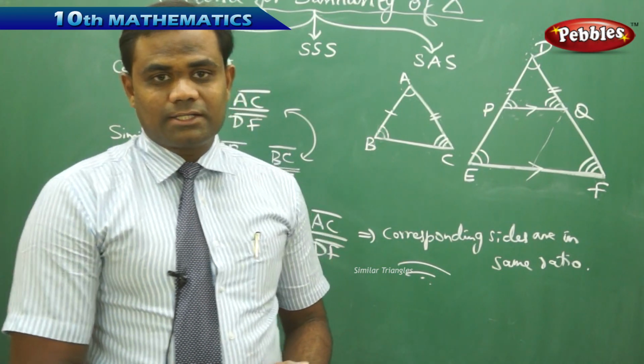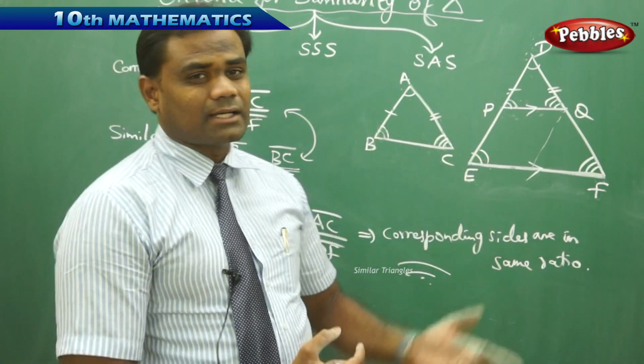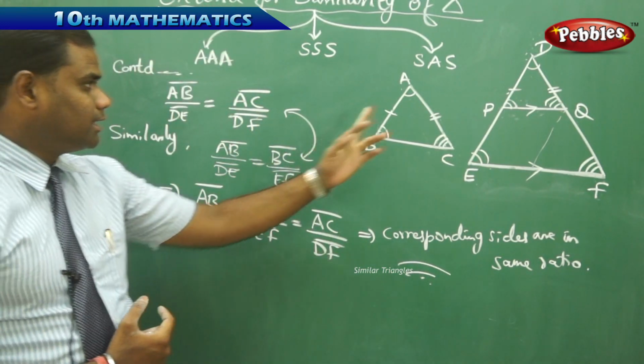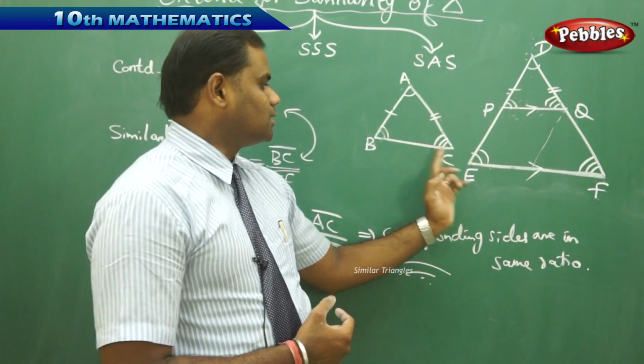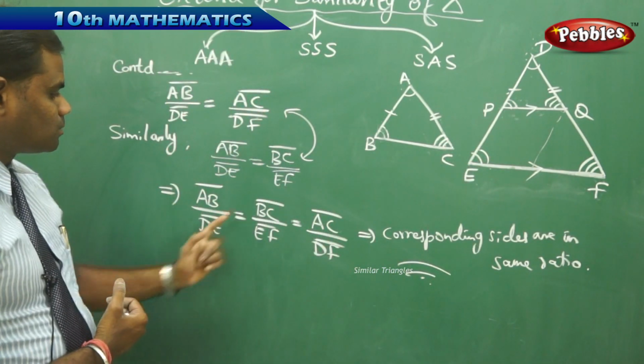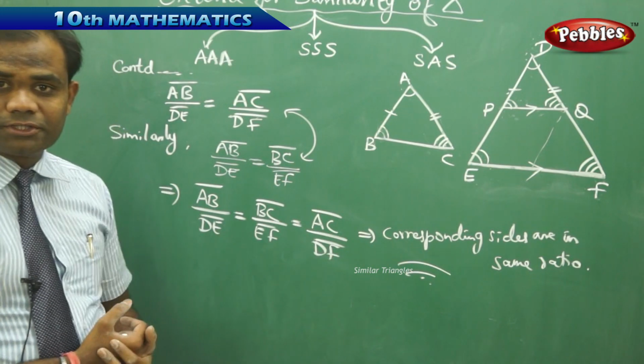So here we understand that if the corresponding angles are equal, then I have proved that from the corresponding angles A equal to D, angle B equal to E, and angle C equal to F, the corresponding sides are in the same ratio.